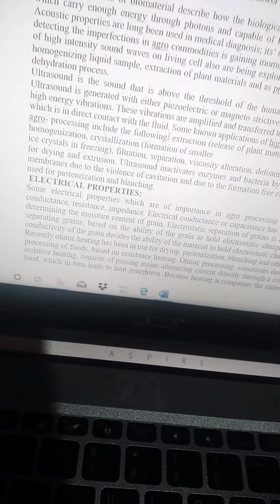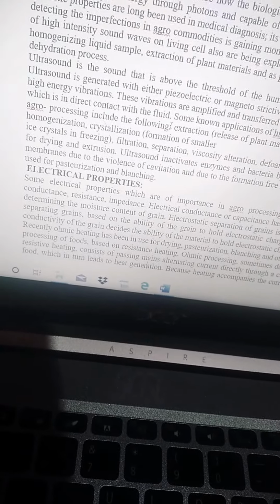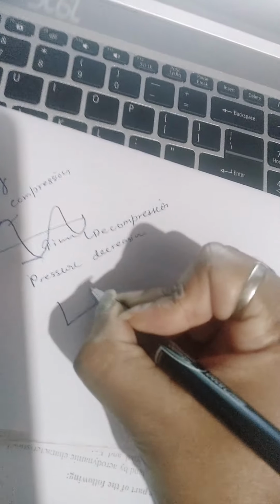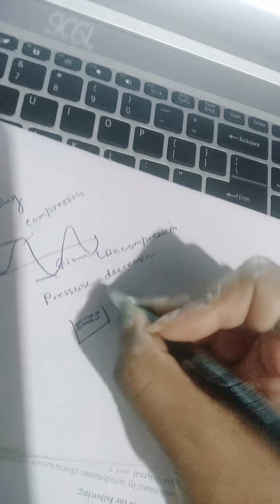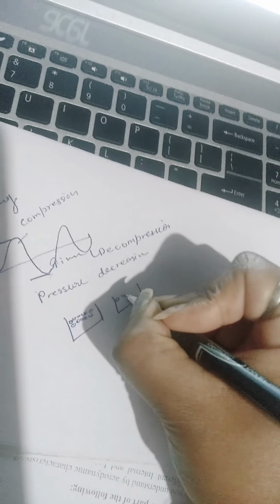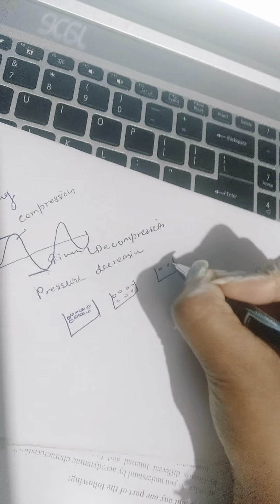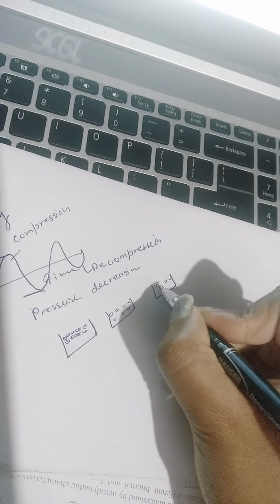Okay, and we can feel this sound in solid, liquid or gas. Solids have strong compaction, liquids have a little more distance, and gas has more distance compared to both.